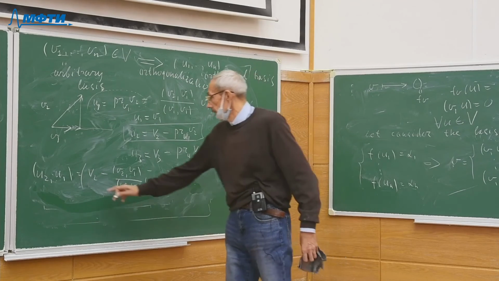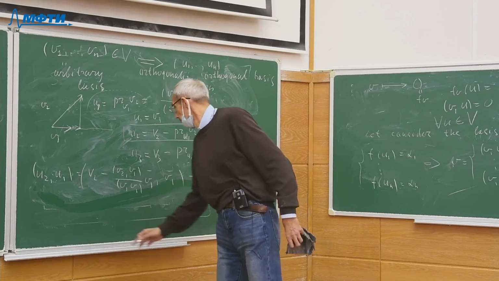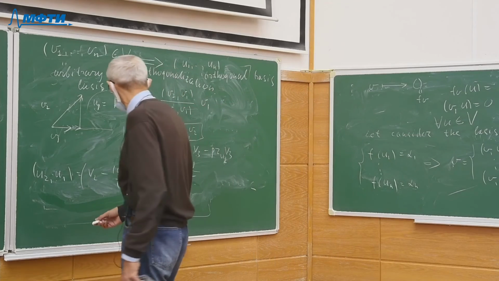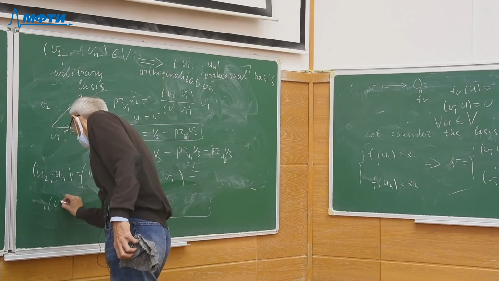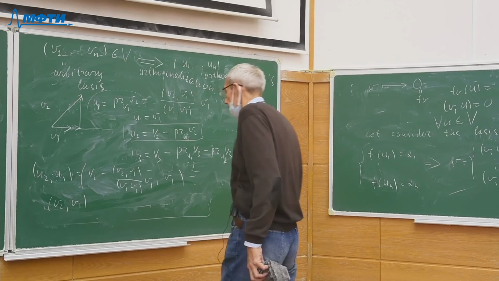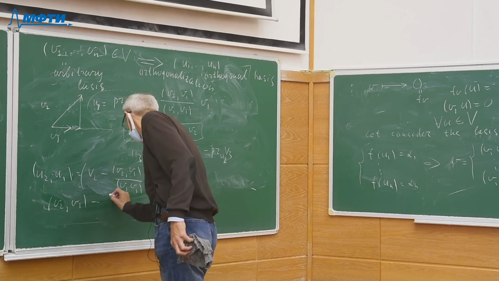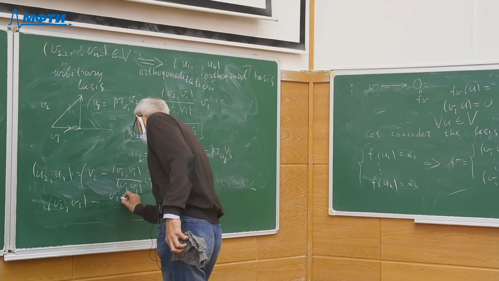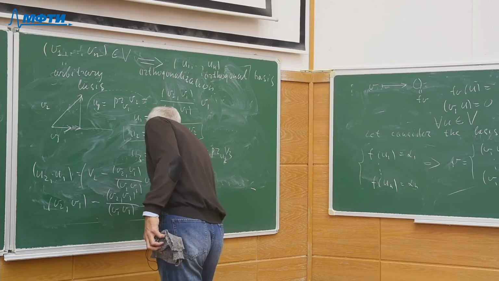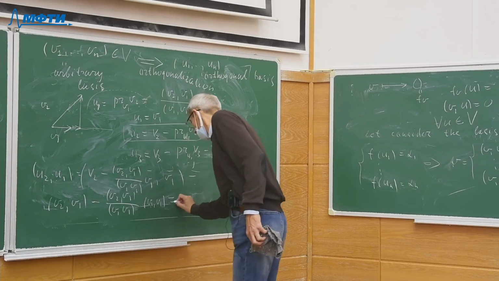If you substitute this expression into this formula and use the property of the scalar product, we obtain the equality (v2, v1) minus (v2, v1)/(v1, v1) times (v1, v1), and we obtain 0.